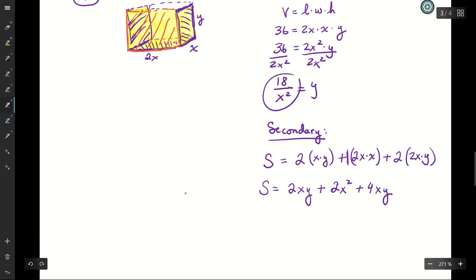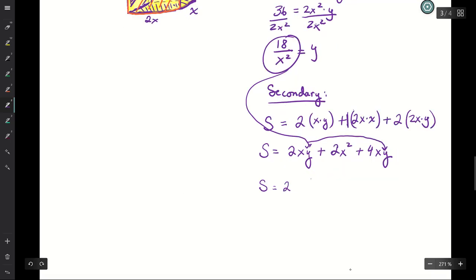Then I take this expression, and anywhere there were y's, I sub in that expression for y. So that'll be 2x times 18 over x squared, plus 2x squared, plus 4x times 18 over x squared.